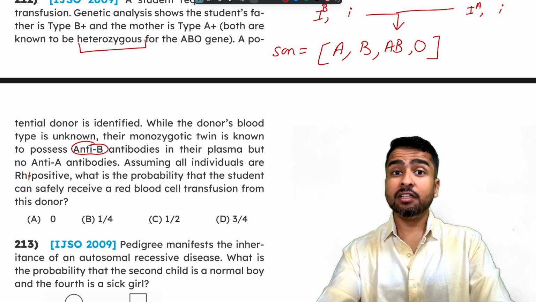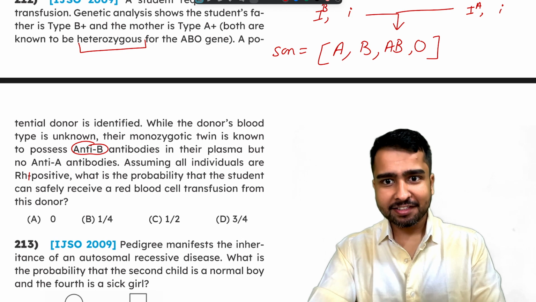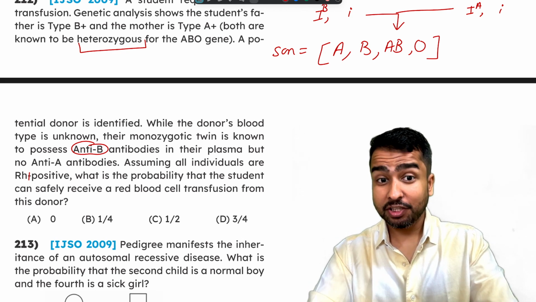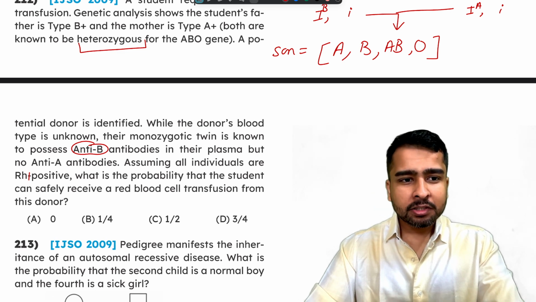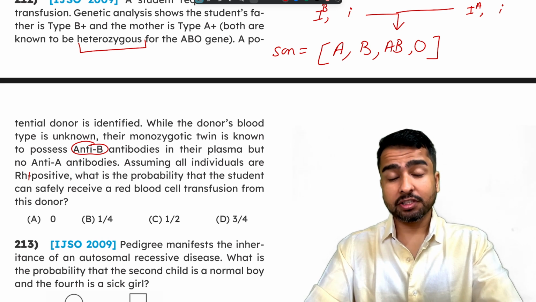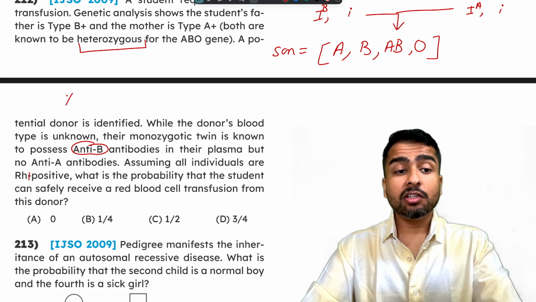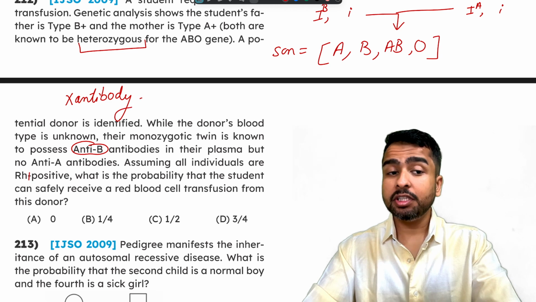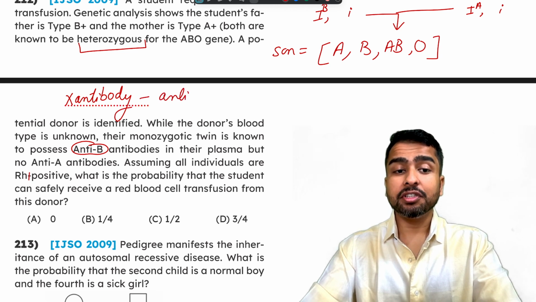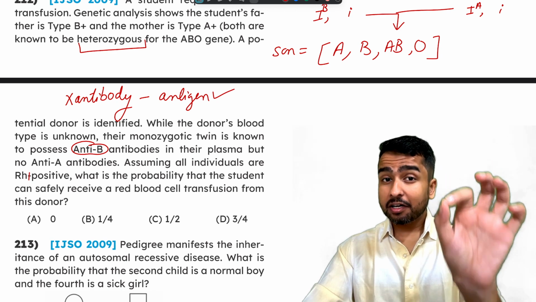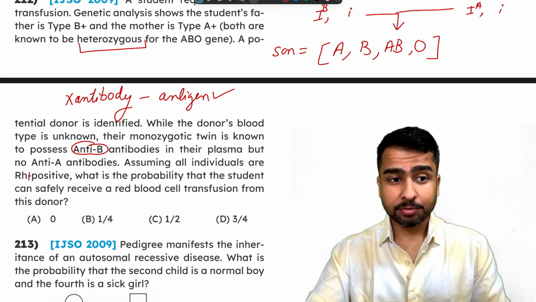Now this is where the confluence of genetics and the circulatory system lies, and you need to be very careful about it. The monozygotic twin has anti-B antibodies. Now, what is the rule? The rule is I shall not have antibody for which I have antigen. If antigen is present, the corresponding antibody should not be present.